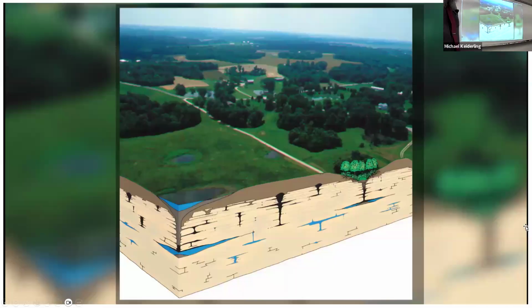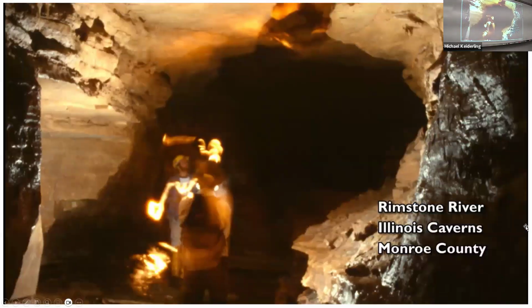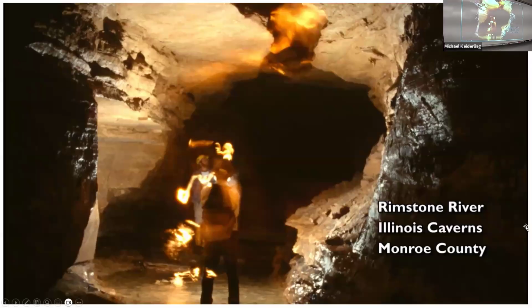The process takes thousands of years, tens of thousands of years, millions of years. What occurs is the fractures get bigger and bigger. Then the water can seep into the bedding planes, just fairly flat-lying layers of limestone, and create caves. And the caves can be quite extensive.